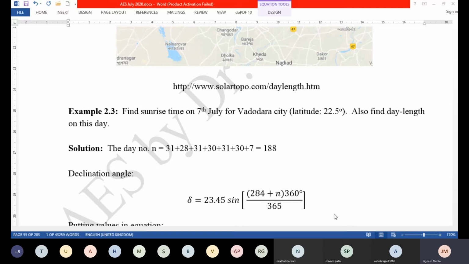So let me check whether somebody is replying on the chat. What is the value of delta you get? You can write it in the chat box in case you are calculating.